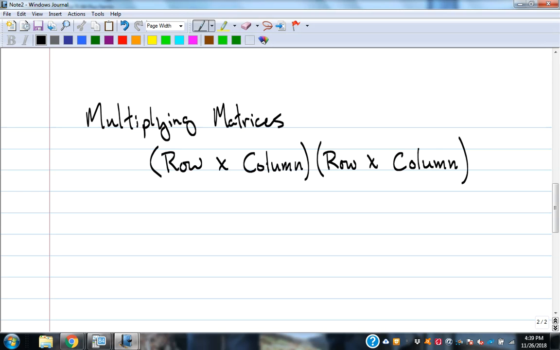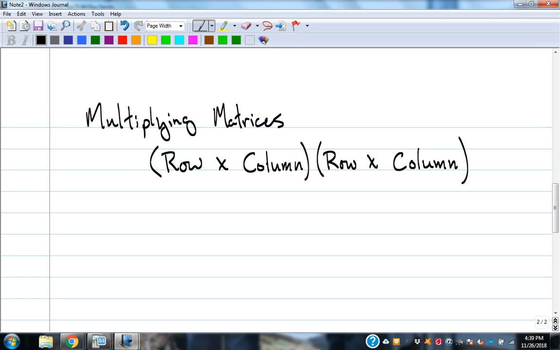If you take a 2 by 3 times a 3 by 4, you're ending up doing, let's see, 2 times 2 is 4, 4 per piece. So that's 6 times 4.